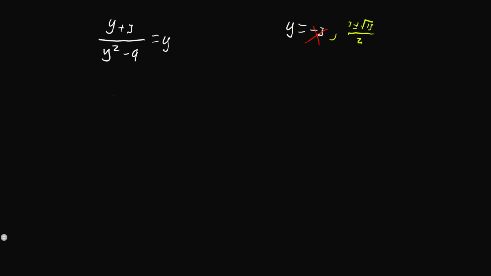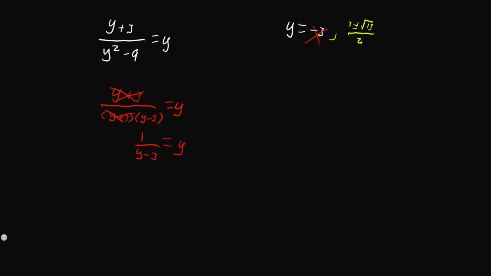So we're going to have to factor now. So we have y plus 3 divided by y plus 3 times y minus 3 is equal to y. So we could just factor out a y plus 3. And we're going to get 1 over y minus 3, since we crossed out a factor of y plus 3. And that is going to be equal to y.